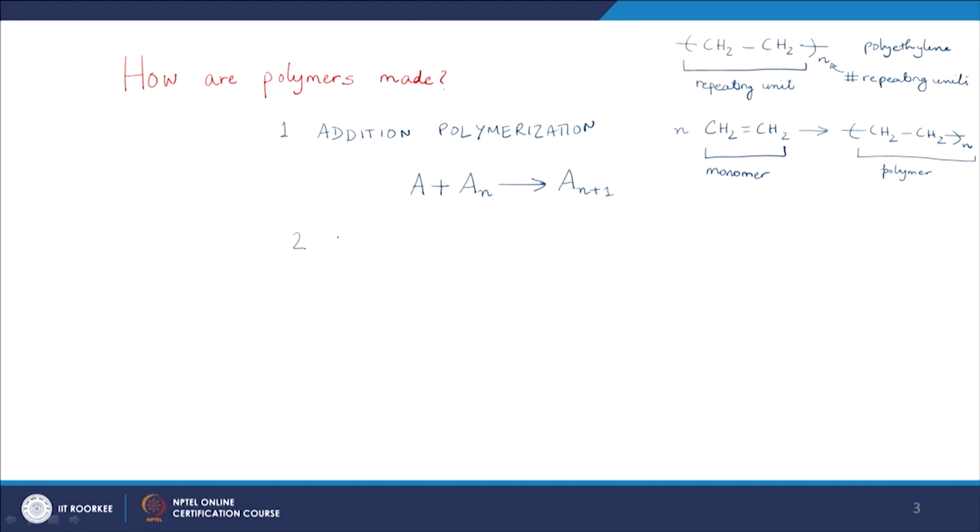And then we have something called condensation polymerization, where what I have is two polymer chains, or I would say small polymer chains, which combine together or condense together and form a larger chain.